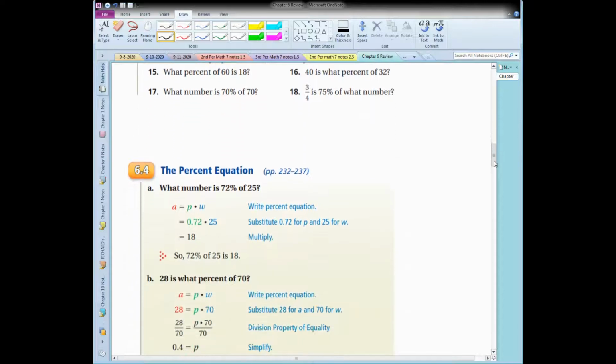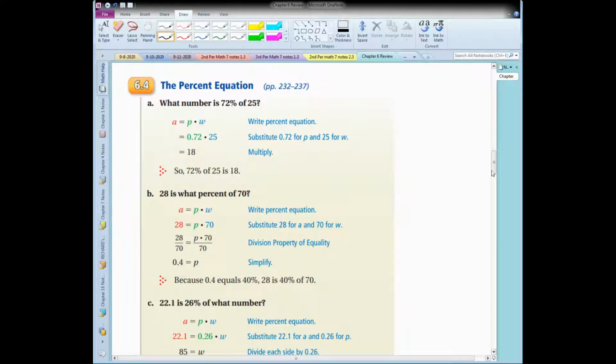I will move on from here and talk about the percent equation, which is the part equals the percent written as a fraction or a decimal, and I recommend you write it as a decimal, that's just me, times the whole, all right? And again, no different than the percent proportion problems. You have to be able to identify all the pieces of the problem, and then you just plug them in, okay?